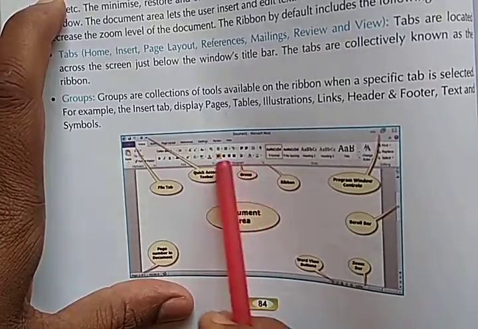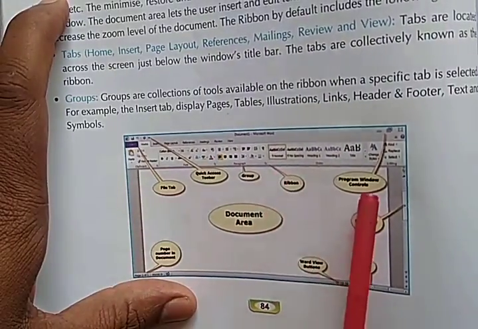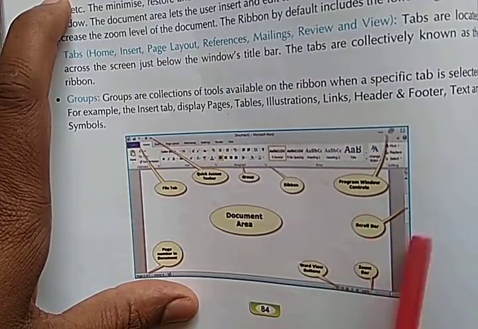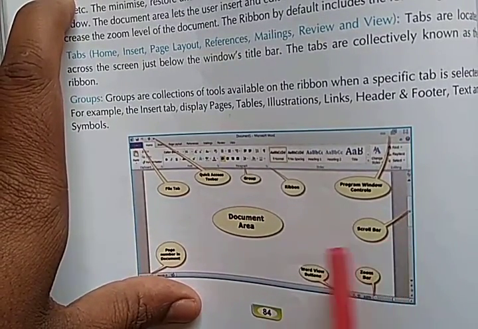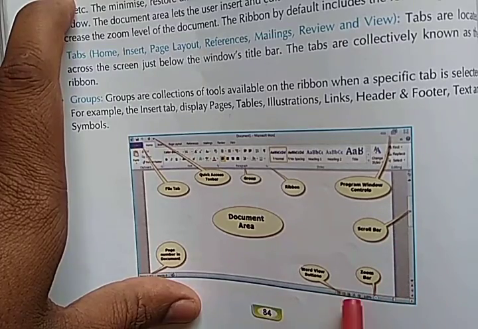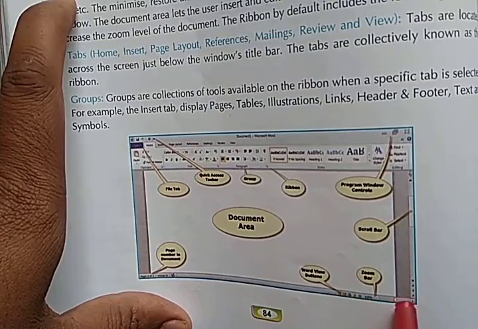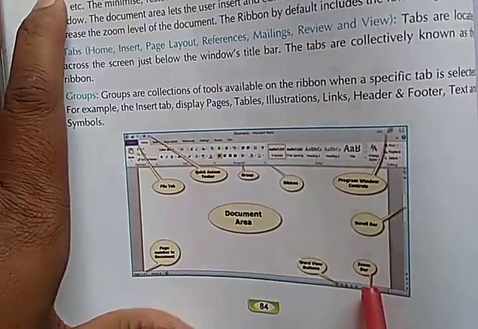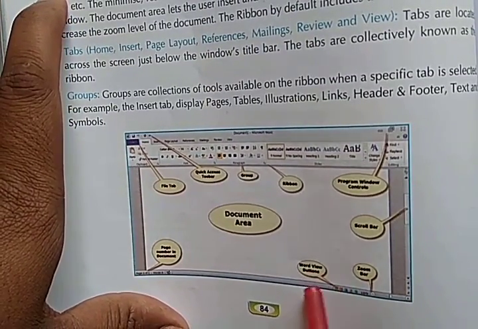These are all groups, ribbon, program window, and scroll bar. Through this you can move your page up and down, left and right. And next is the zoom bar. Through these options you can zoom your window.